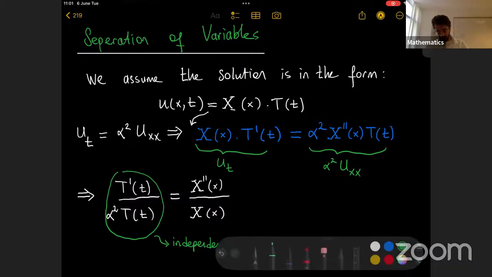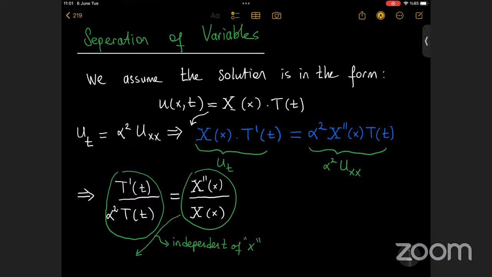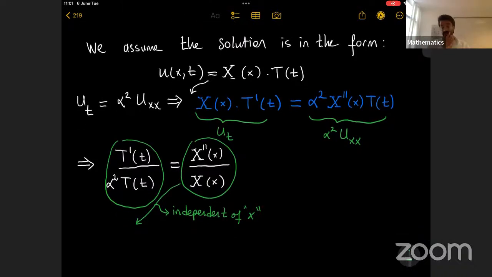And the second one here, this is independent of what? Independent of t. So this tells you basically the left-hand side, since it is equal to the right-hand side, is independent of x and t. Similarly, the right-hand side is independent of x and t, right?